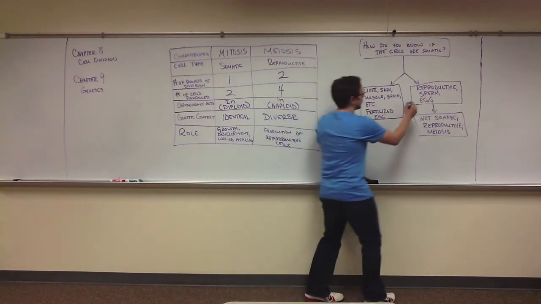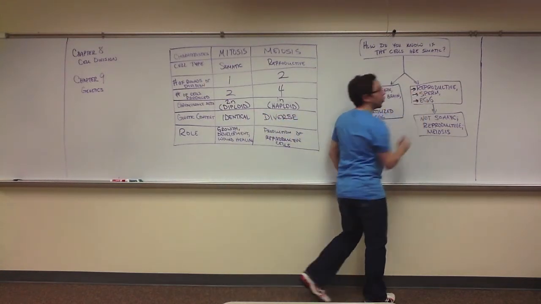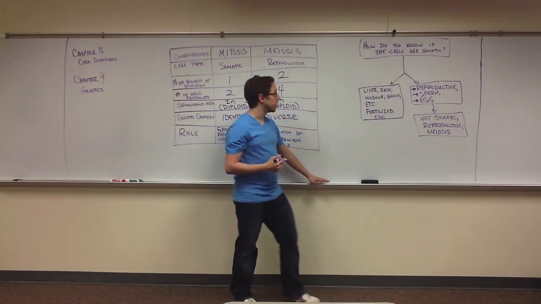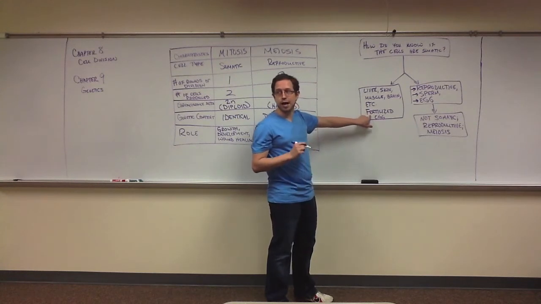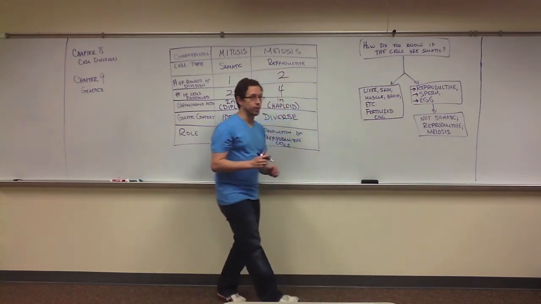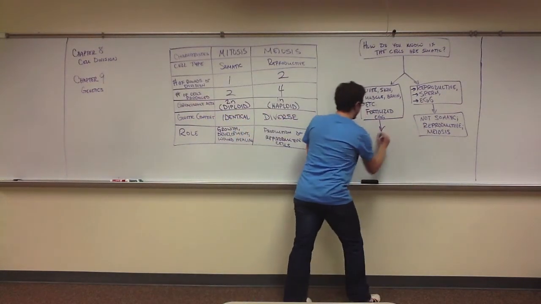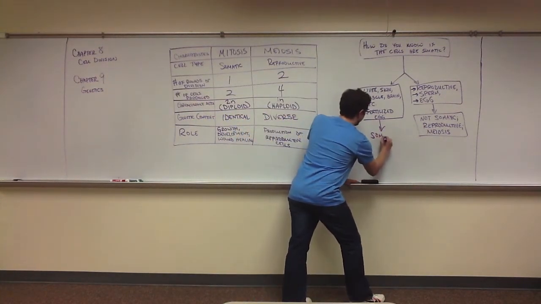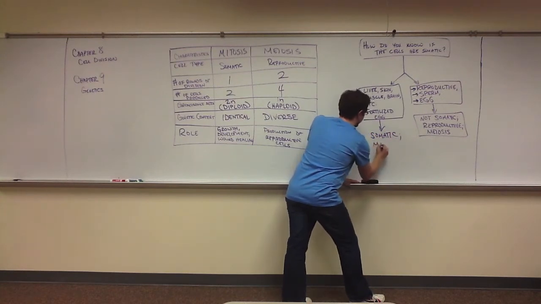So understand, if you're just looking at the production of sperm, the production of egg, or the division of reproductive cells, then yes, you're dealing with meiosis. But once that fertilization event happens, you're no longer dealing with meiosis. You are officially in mitosis. So this means that you're dealing with somatic cells, and that means you're dealing with mitosis.